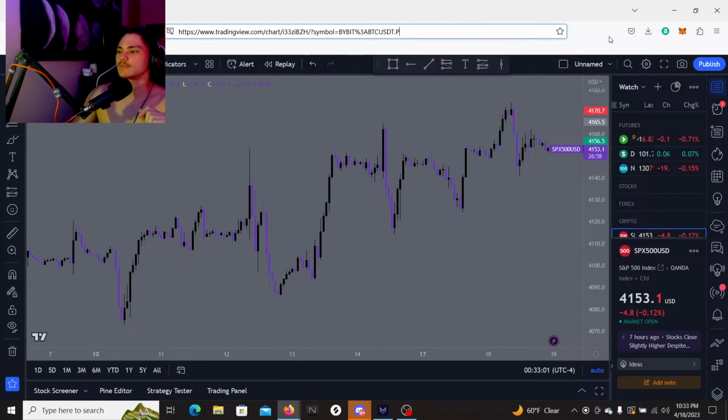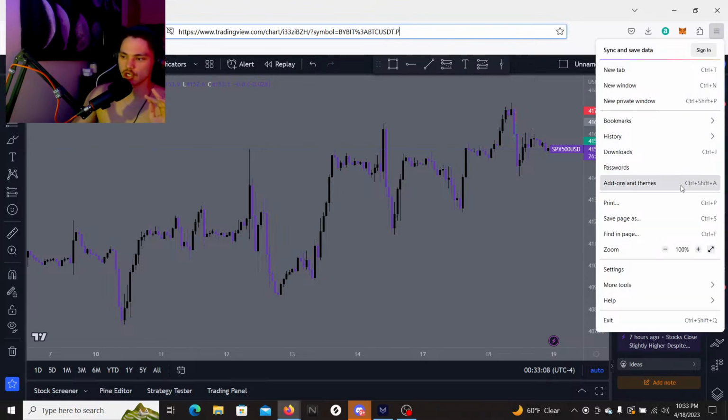It's just loading up. Maybe there is a way to zoom out a little bit more. Yes, there is.